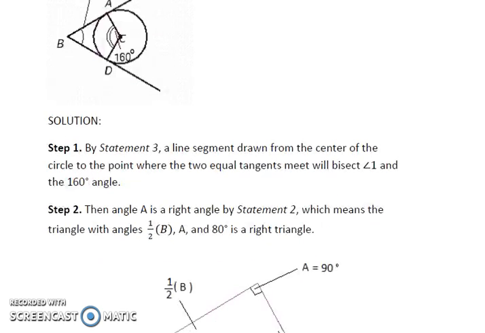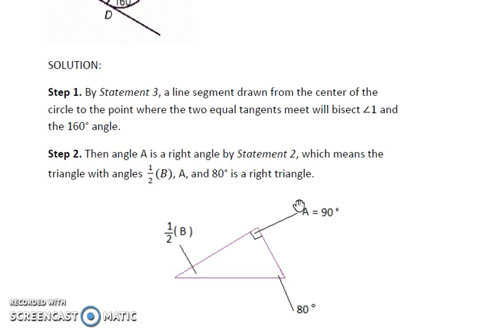So that gives us actually a triangle. If we drew a line here, we'd have a triangle where this angle here is 80 degrees. So here's that triangle. Here's angle A, here's half of angle B because we bisected it with that line segment we drew to where the tangent lines meet. And here this angle is 80 degrees.